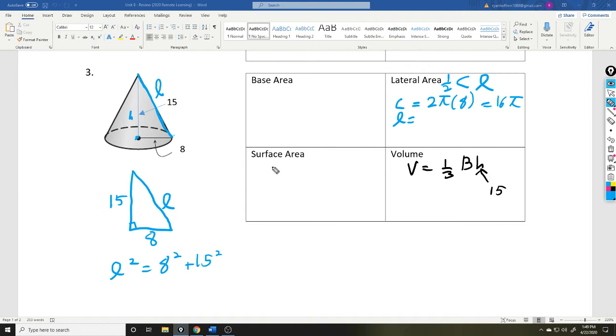And same when you do the surface area formula. Surface area for the cone is going to be area of the base plus this lateral area. So these two numbers that you get in your answer, just add them together. That'll give you your surface area. But you're using a different height when you go over to do volume. You're using the straight up and down height.